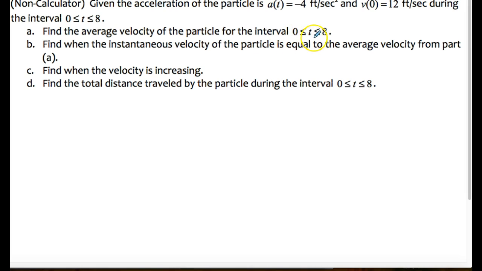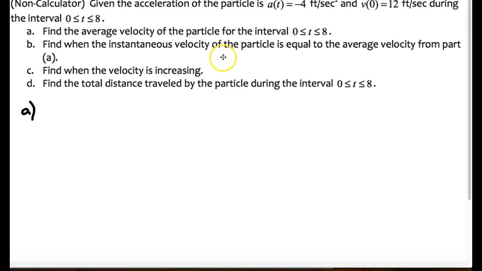So on this one, we want to find the average velocity. Okay, well, average velocity, if I'm given acceleration, I just want to find the slope between my two. If we're given acceleration and I want to find average velocity, we don't want to find slope, we want to find the integral.